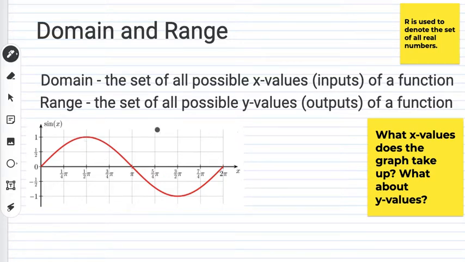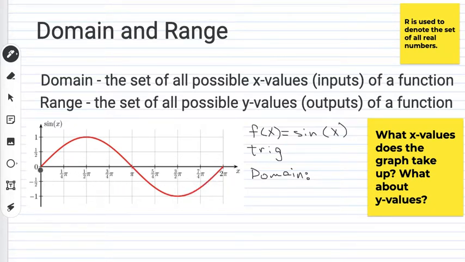So this function is the sine function. It is f of x equals sine of x. And this is one of the trigonometric functions. So we're given a specific domain for the function. The domain is going to be the set of all x values. So we're going to be looking at the x values that the function takes up.